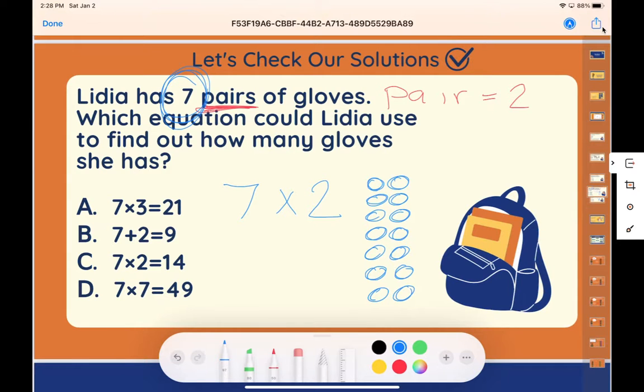And if I look at the array that I've just created, I have 1, 2, 3, 4, 5, 6, 7, 8, 9, 10, 11, 12, 13, 14 total gloves. So the correct answer for this problem is C. 7 times 2 equals 14. How did we do, guys?